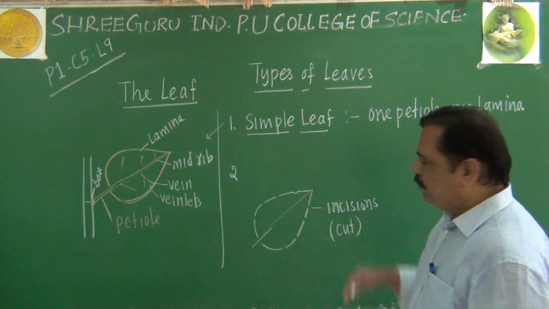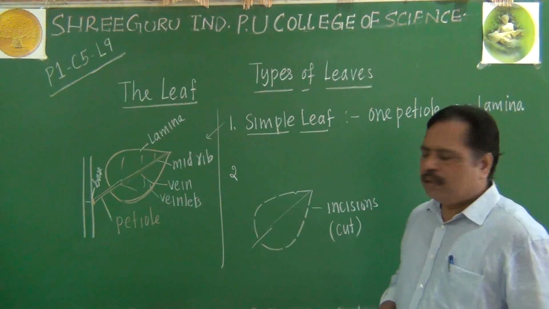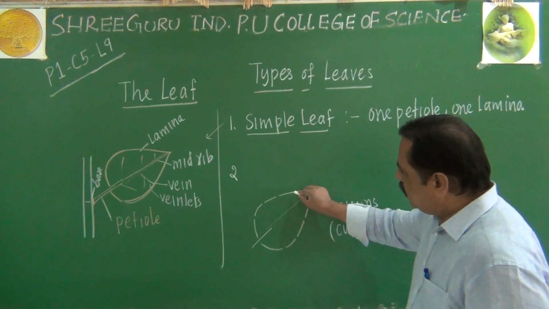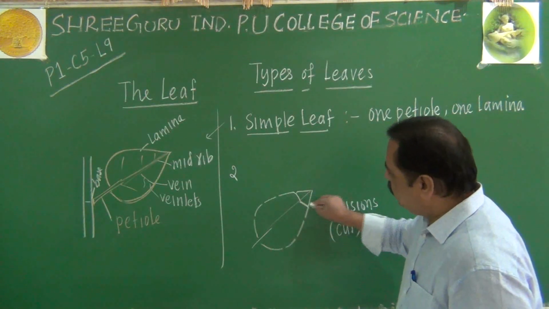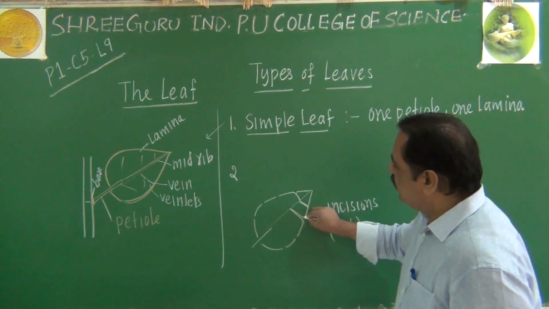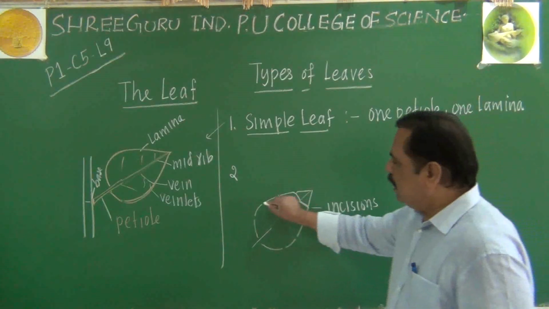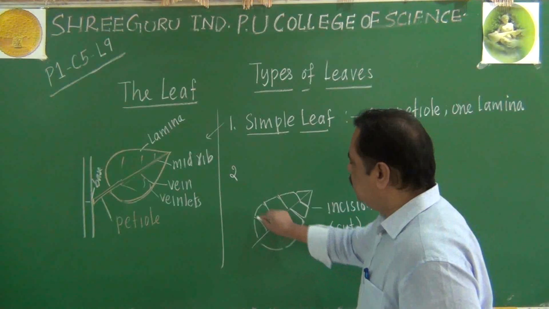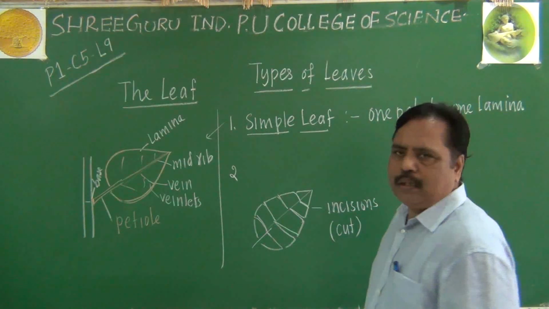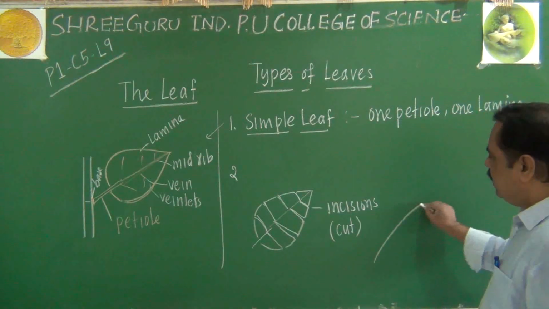In this simple leaf, imagine there are some cuts in the lamina. Now imagine the incisions are very deep and go up to the midrib. What will happen? The same leaf will appear like this.